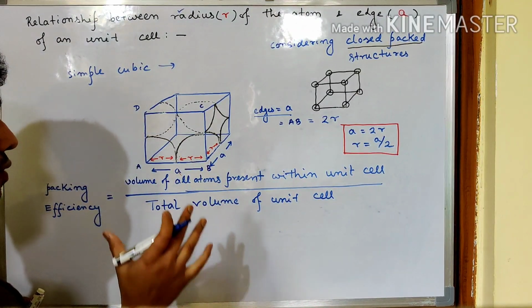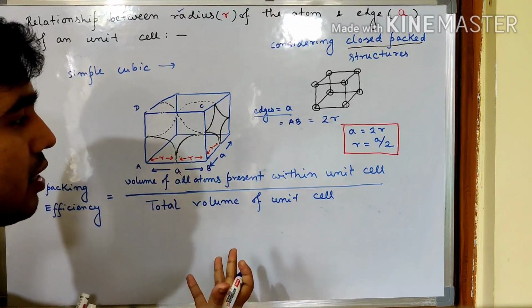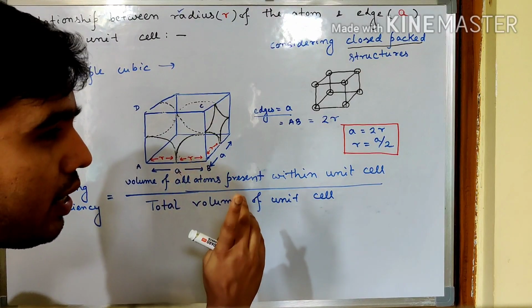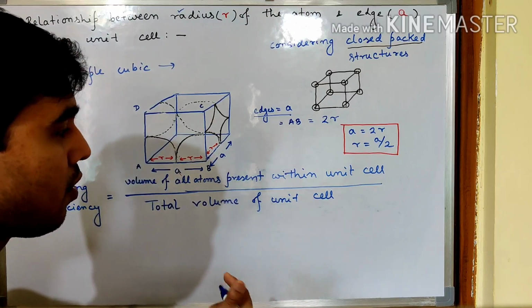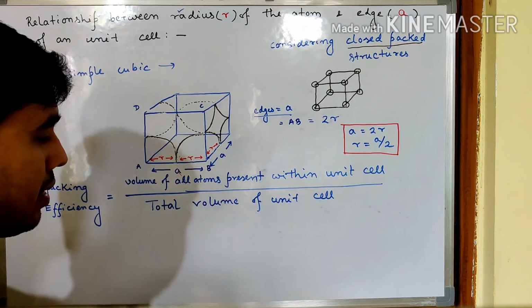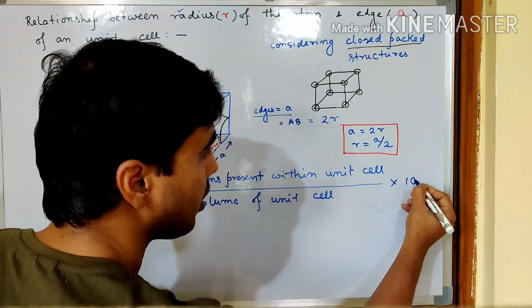That means if in a unit cell there are, say for example, 3 atoms or 4 atoms (in case of a simple cube it is only 1 atom, in case of BCC 2 atoms, and in case of FCC there are 4 atoms), what will be the total volume of those 4 atoms? That will be here, divided by the total volume of the unit cell into 100%.